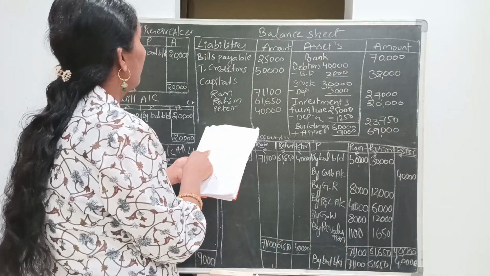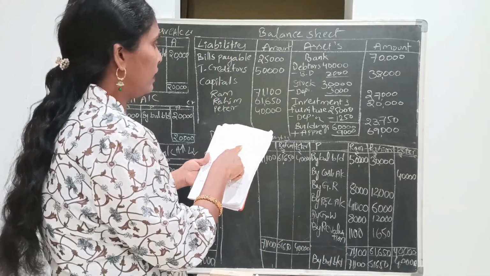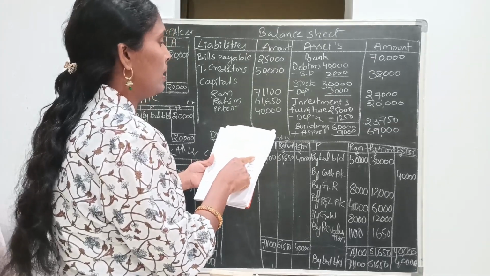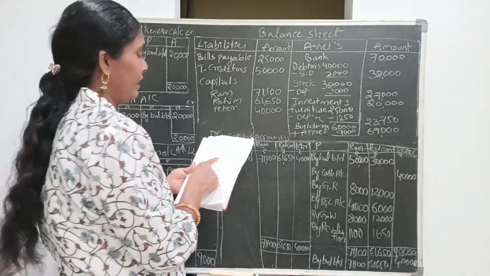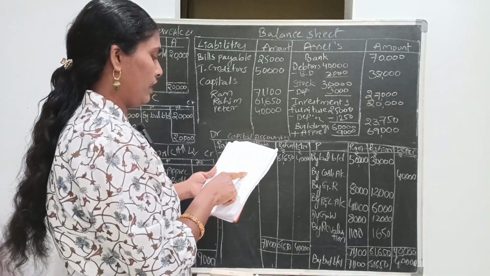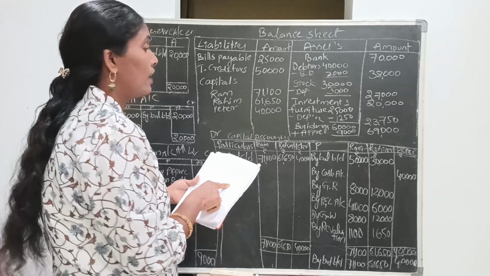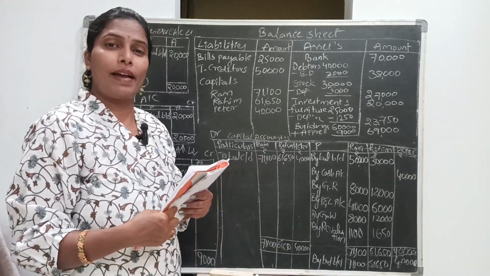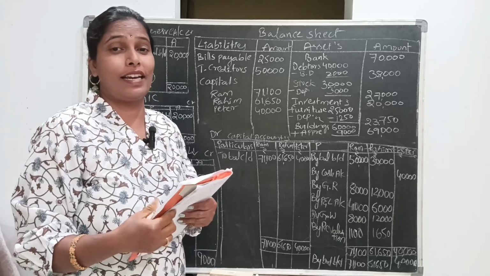Payables, creditors, capitals and bank, debtors, stock, investments, furniture, buildings. So is there anything else? No, I have posted everything. Now it's time to see whether our balance sheet is going to tally or not.